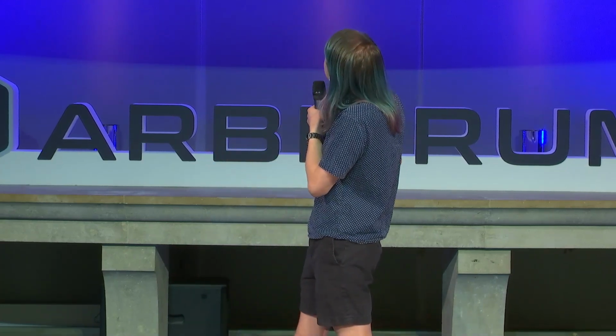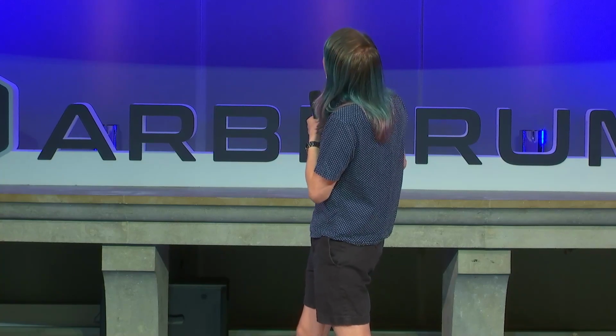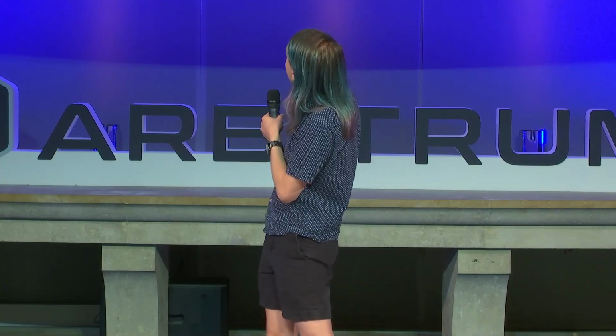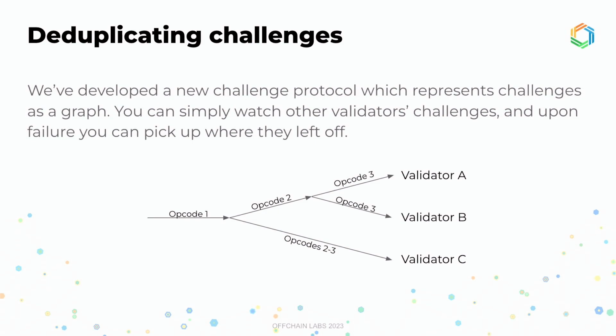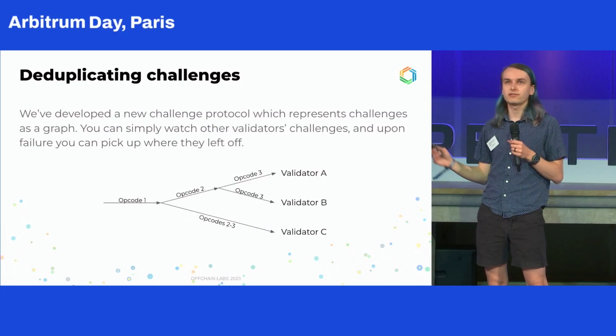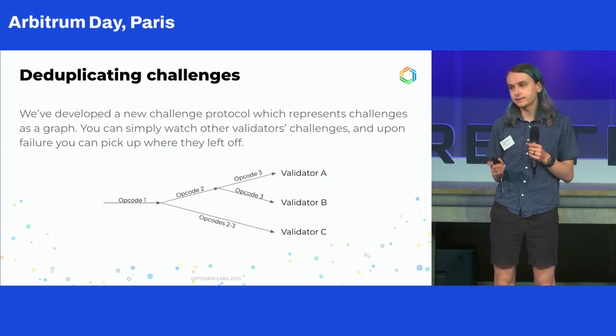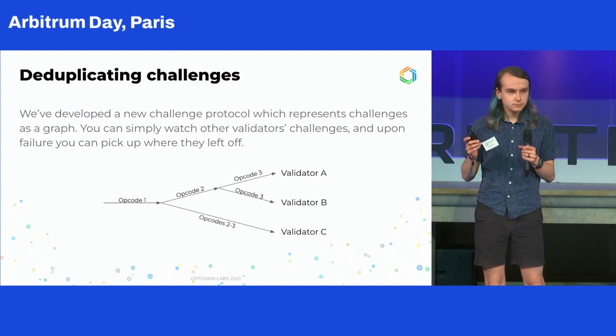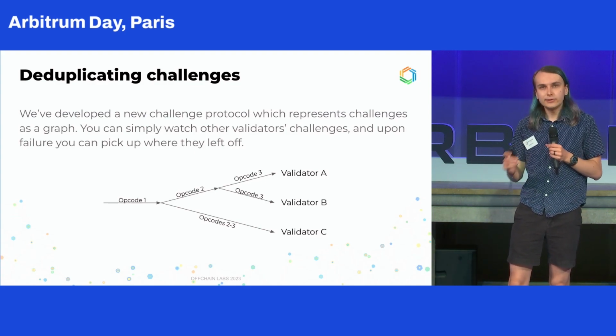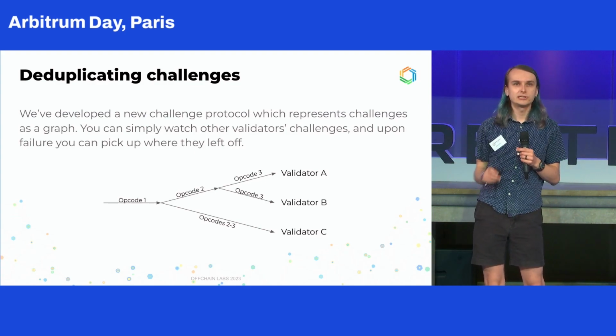So how can we fix this? We can actually break the challenge protocol down into a graph. And how this works is very complicated. We're going to be releasing a paper on this at some point. But the essence of it is you can watch other validators do their challenges.